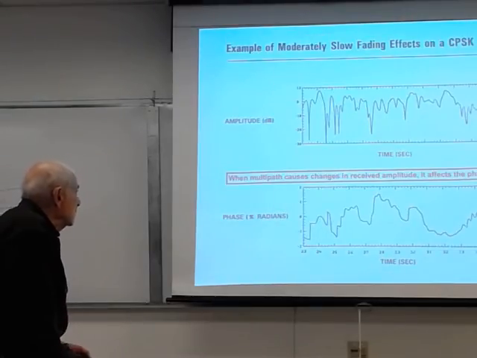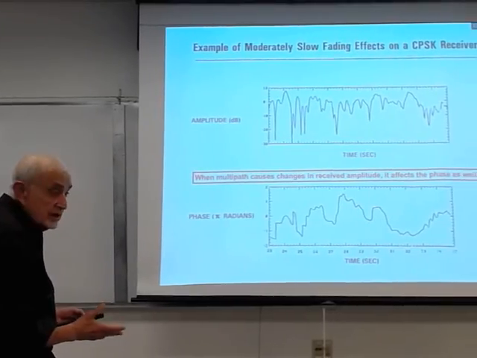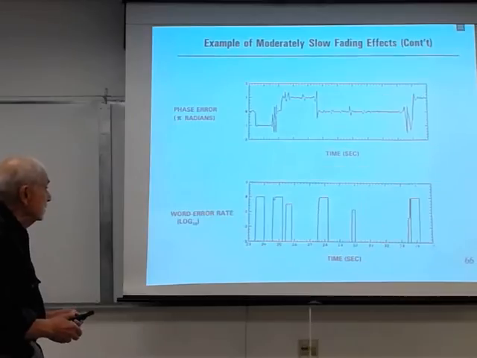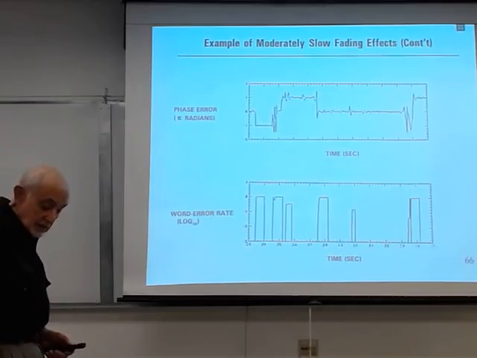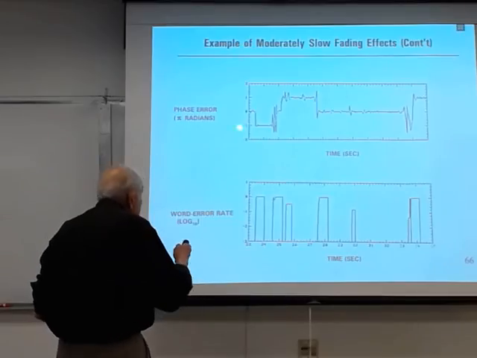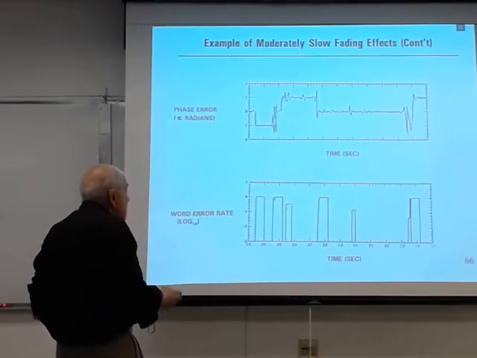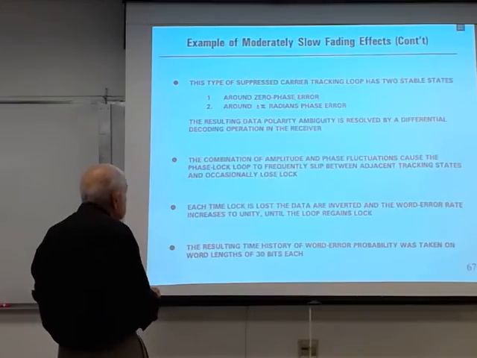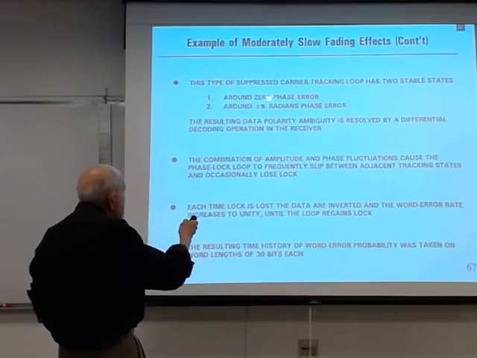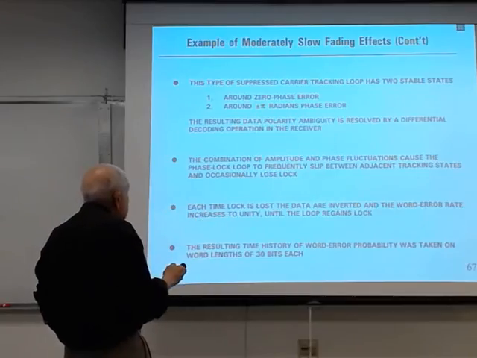And typically when multipath causes changes in the receiving amplitude, it affects the phase as well. I think you can probably see here, when you take a look at those phase errors happening, at the moment you start losing lock, there are 3 stable locks here: around 0 phase error, and around plus or minus pi radian phase error.